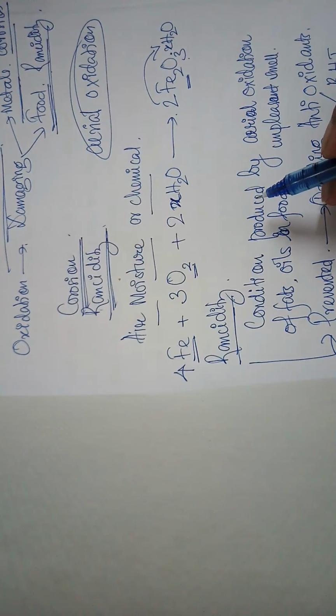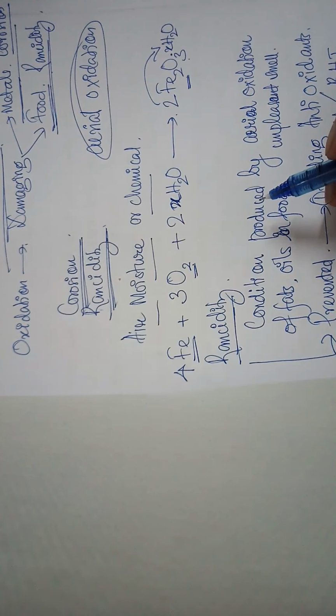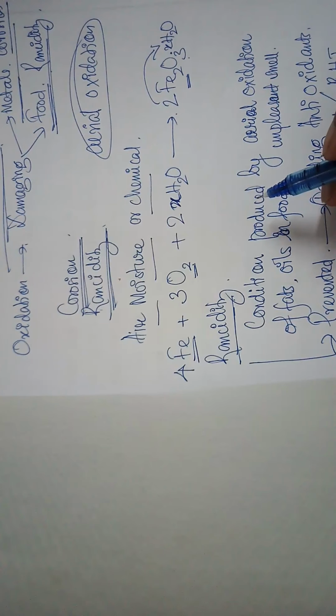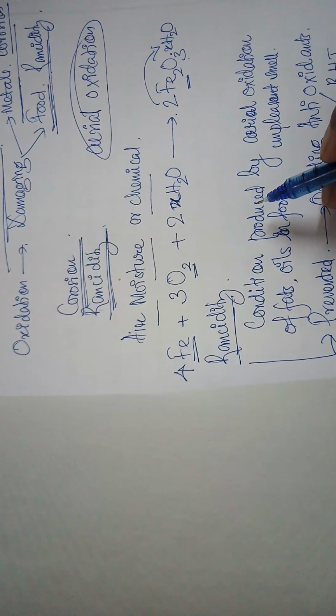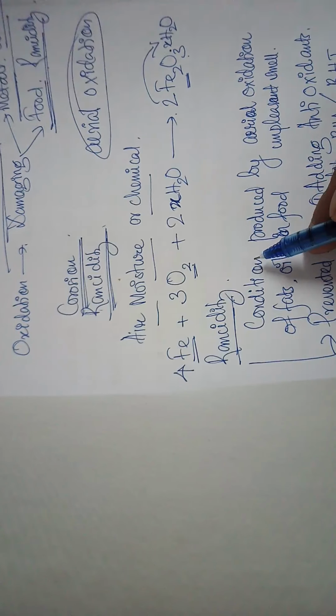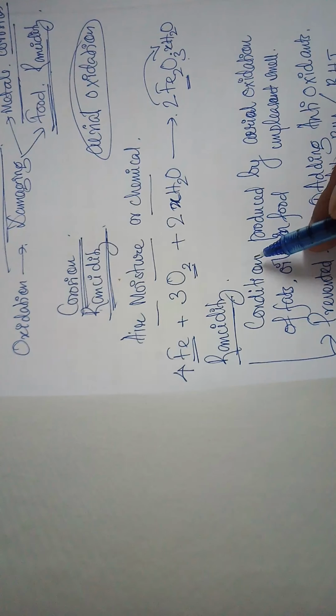When food materials prepared in fat and oil are kept for a long time, they start giving unpleasant smell and taste. The fat and oil containing food materials which give unpleasant smell and taste are said to have become rancid, or sour, stale, we can say.